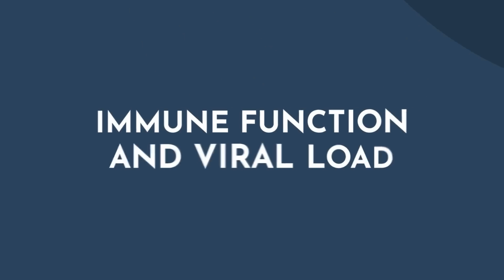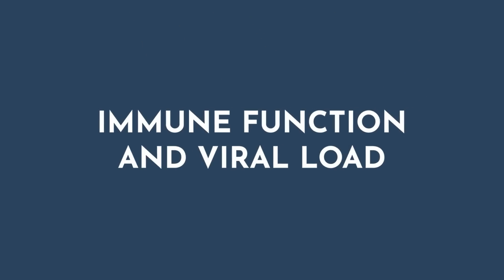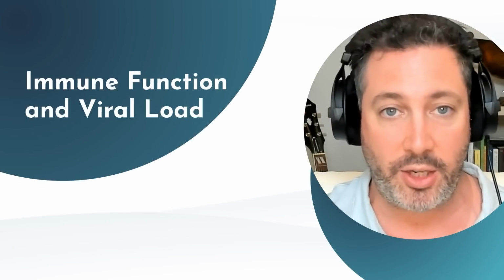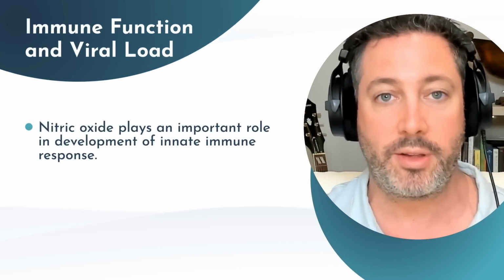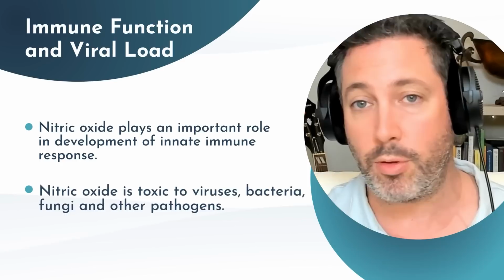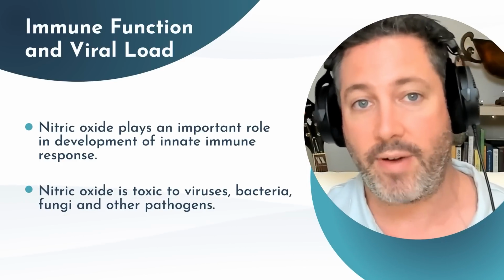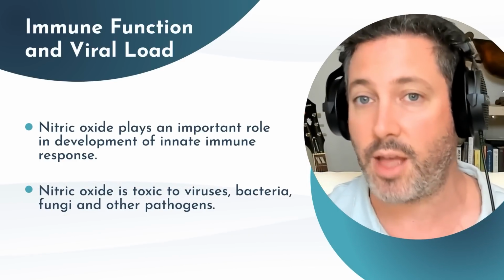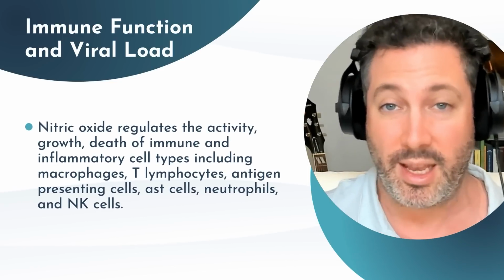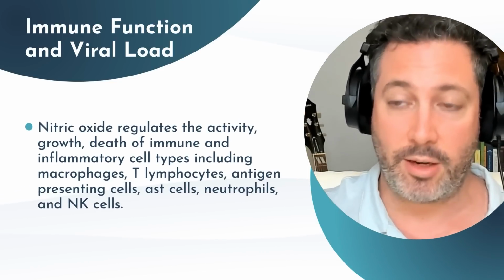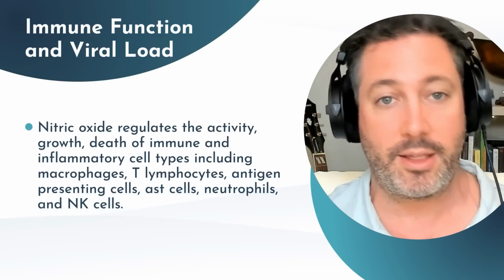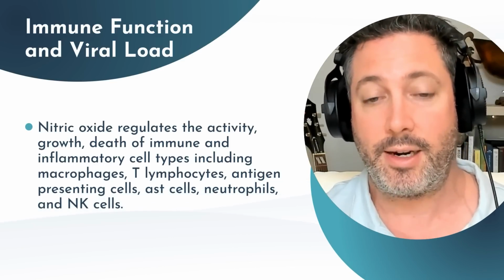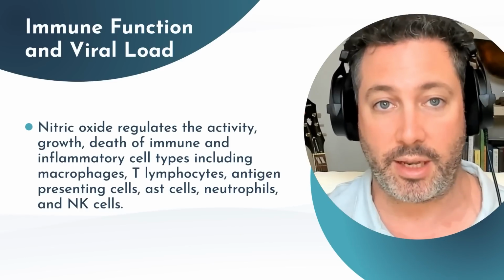Now, in terms of the specific aspects of how important this is, nitric oxide production plays a huge role in the development of innate immune responses because, first of all, it's essentially toxic for viruses, bacteria, fungi and other pathogens. Nitric oxide can affect the growth rate of certain microbes, but it can also regulate the activity of immune cells and inflammatory cells.